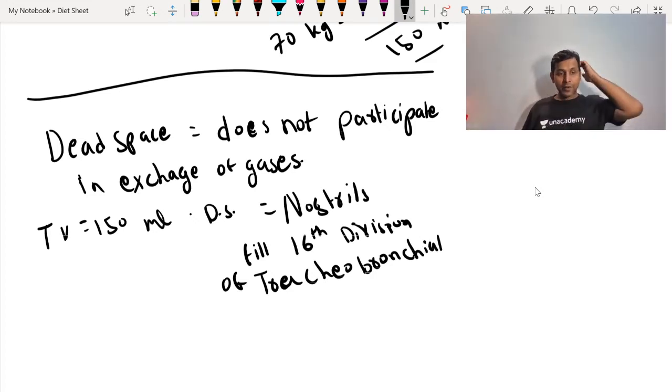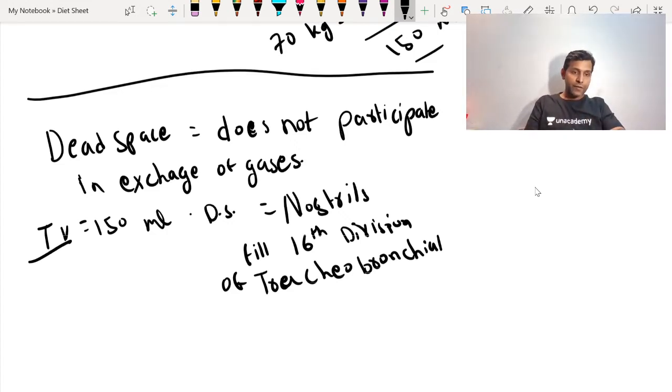Please remember, the dead space in a person is from the nostrils till the tracheobronchial tree. It means when we have a tidal volume of 500 ml, 150 ml of it is the amount of air from the nostrils till the 16th division. This amount of air does not participate in exchange, and the remaining 350 ml of air participates in exchange of gases.